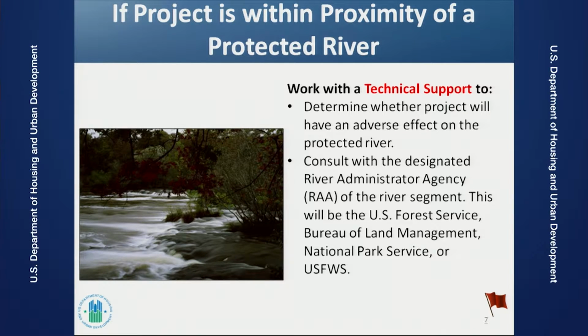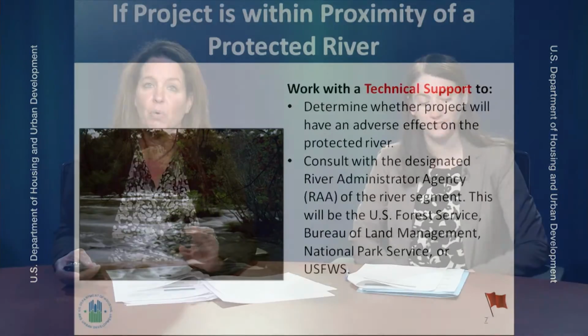If your project is within proximity of a protected river, then you're going to want to get with technical support to find out if you're going to have any impacts. Most likely, HUD projects are not going to be located near a wild and scenic river or a protected river, and if they are, most likely HUD projects are not going to impact the free-flowing form of the river.